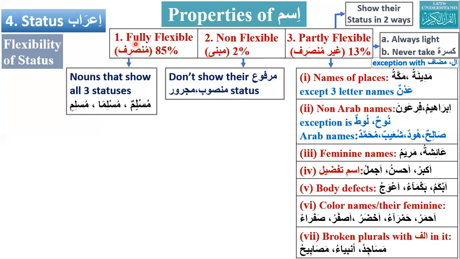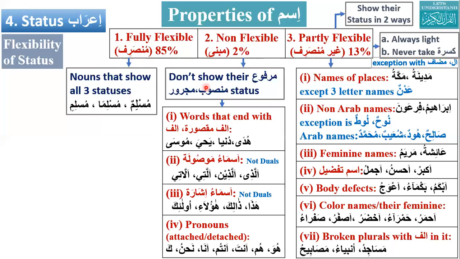So there are three types of flexibility. One is fully flexible. These are 85% of nouns, like Muslimun, Musliman, Muslimin. Then there are non-flexible nouns. They do not show their status. Like pronouns, ismul ishara, small masula, and the words that end with alif maksura.